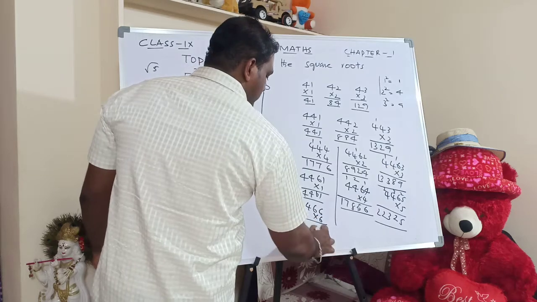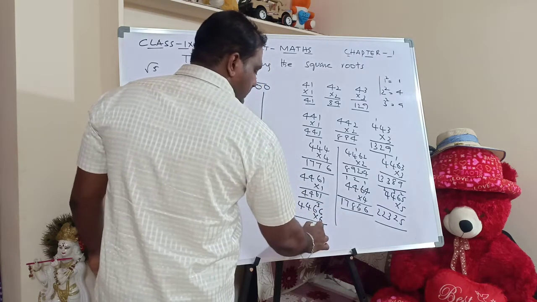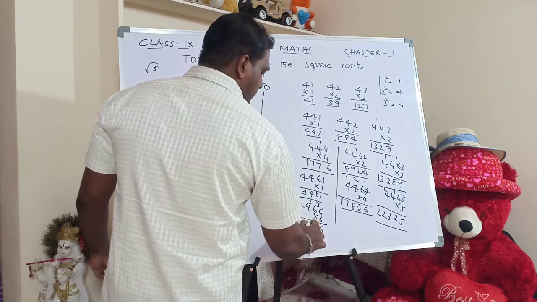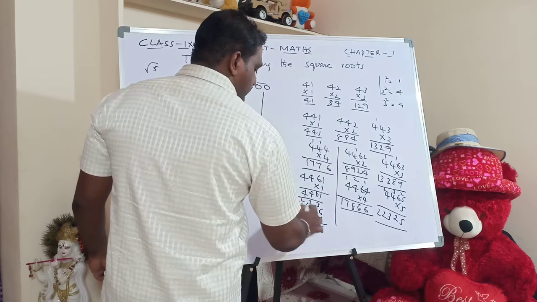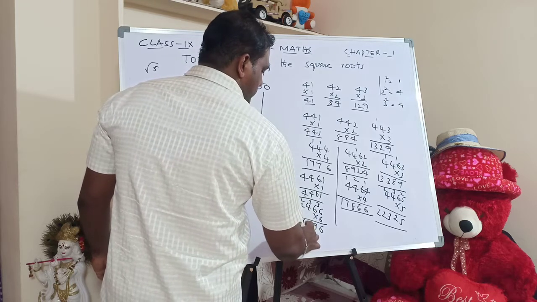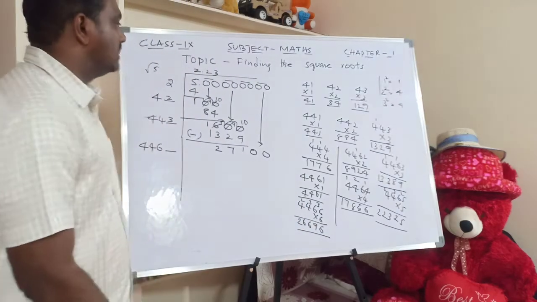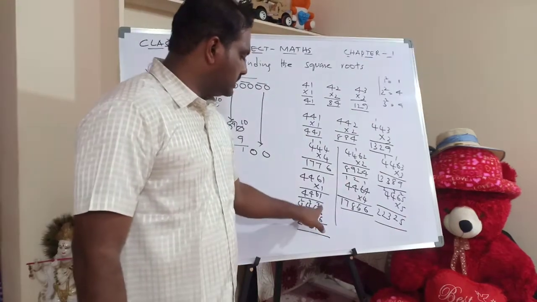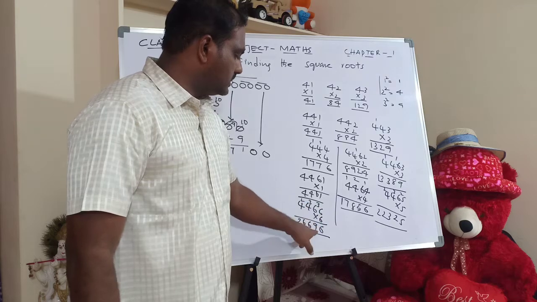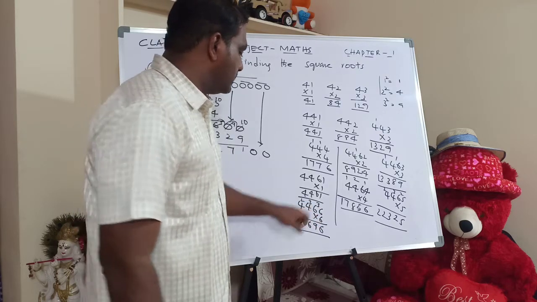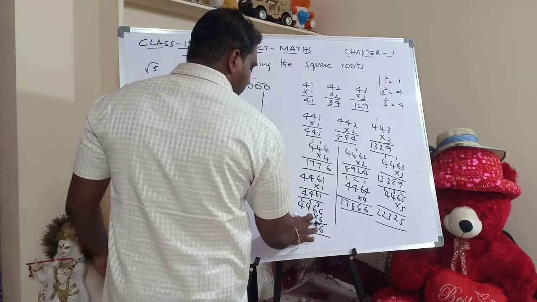So 6 6s are 36, 6 6s are 36, 39, 6 4s are 24 plus 3, 27, then 6 4s are 24, 26. Now look at this. This is the base number.